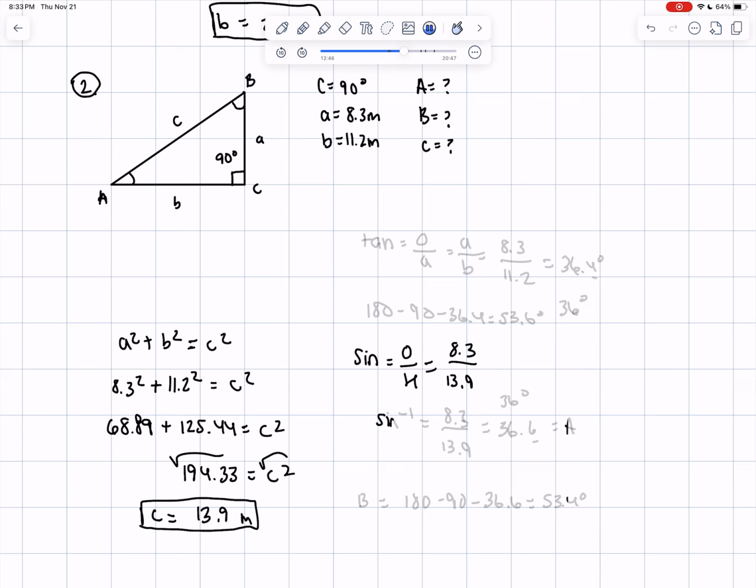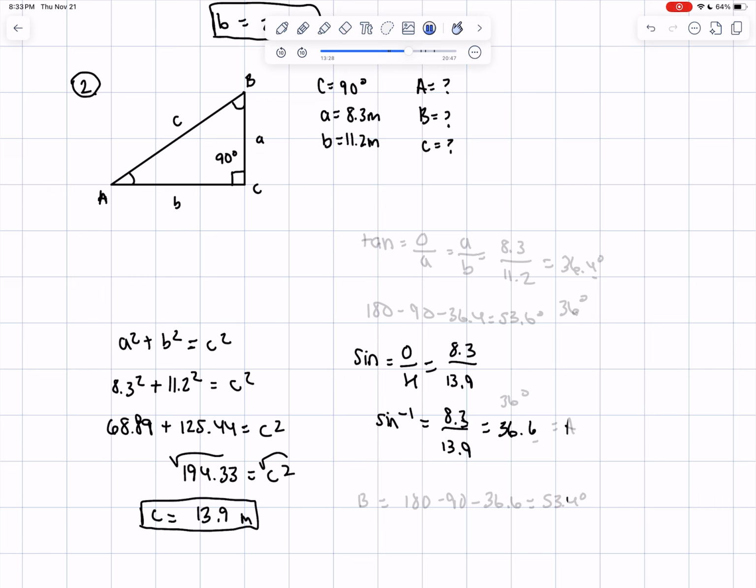So I'm going to do sine to the minus 1 of 8.3 over 13.9. So let's see what that is. Sine to the minus 1 of 8.3 divided by 13.9. So I get 36.6 or 7. The decimal will be off depending on how you calculate it, but let's just do 36.6.